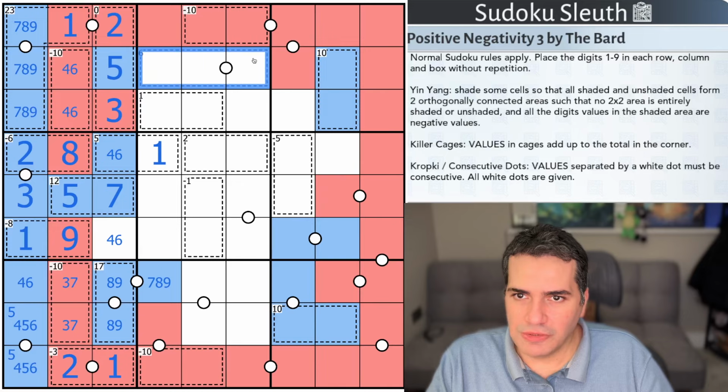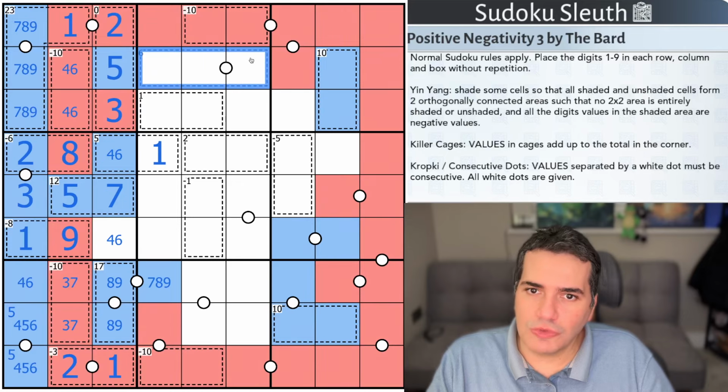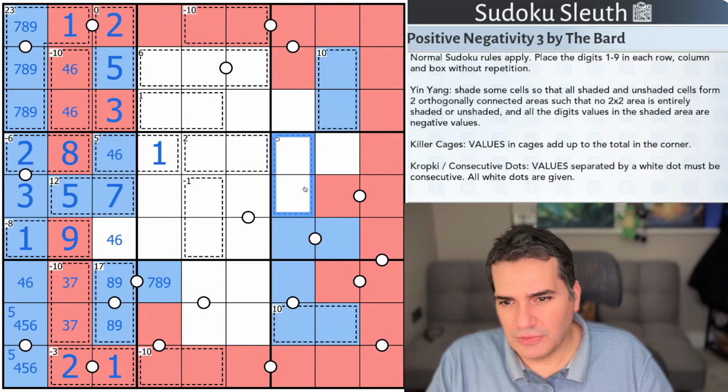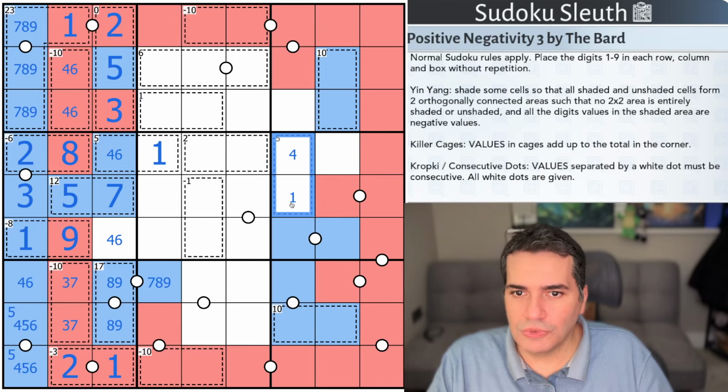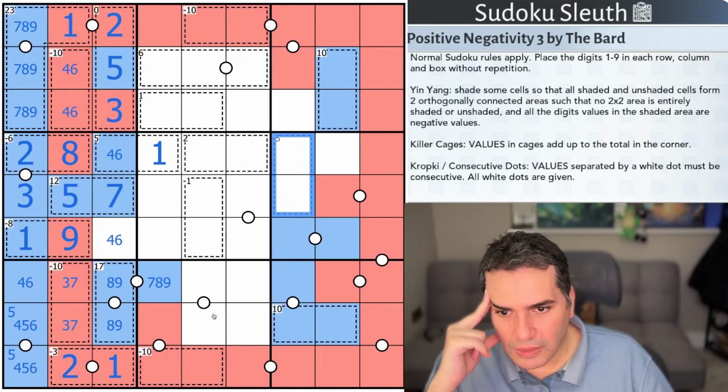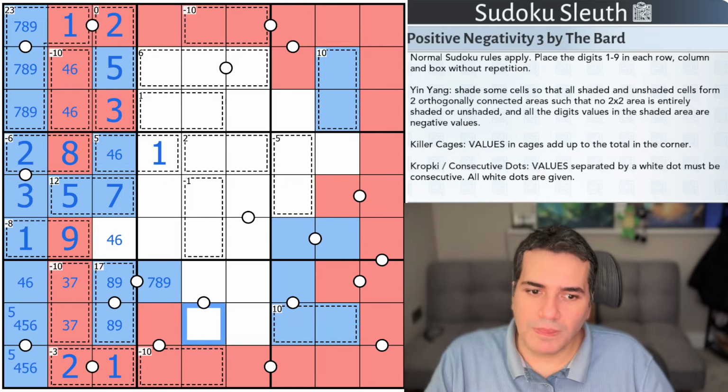6 cage, very troublesome because, of course, it could be 1, 2, 3, but with positive and negative, I can't force anything. Where do I go from here? I mean, difference of 5 is a little bit large, but at the same time, it doesn't have to be a difference. I could do something like 1 and 4, both negative, and that gets me to -5. So that's not useful at all. These cannot be red. It has to be blue.